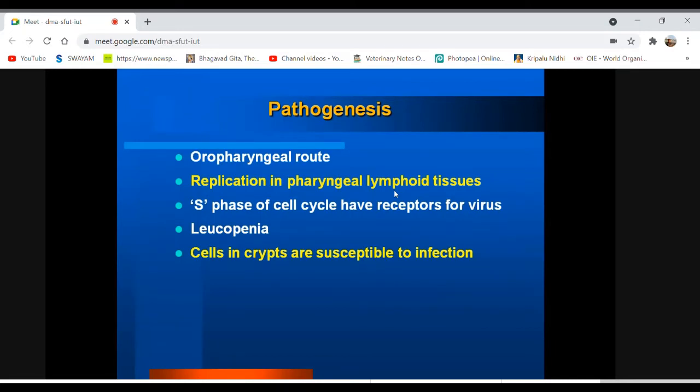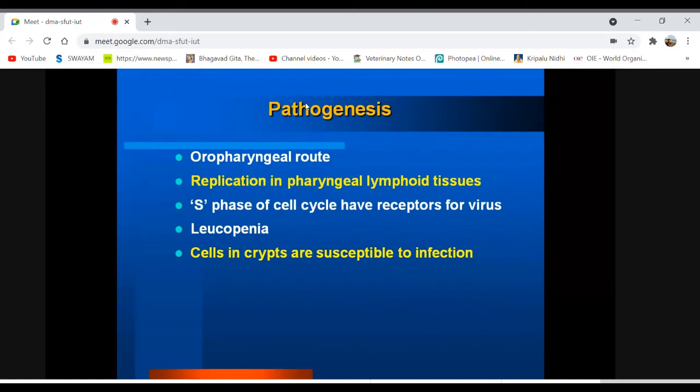Then the virus starts replicating in the pharyngeal lymphoid tissues, and cells in the S phase of the cell cycle have receptors for this virus. When it gets into the circulation, it mostly affects the lymphocytic cells, the WBC leukocytic cells, causing severe destruction of the WBCs.